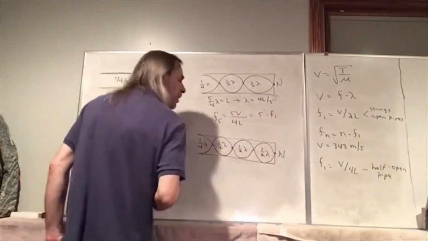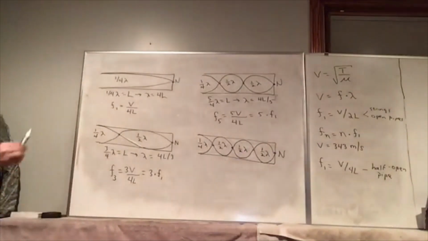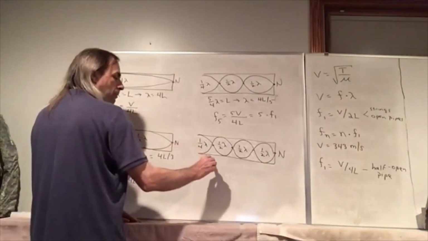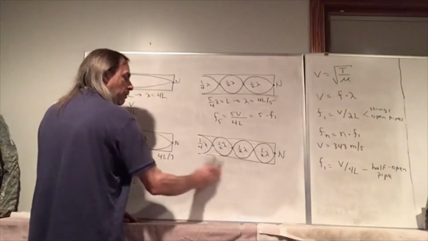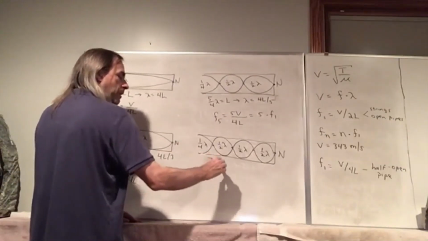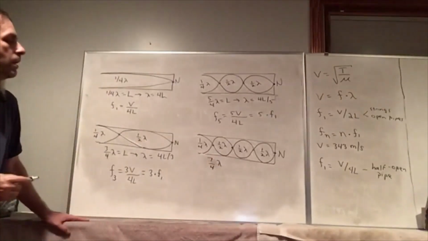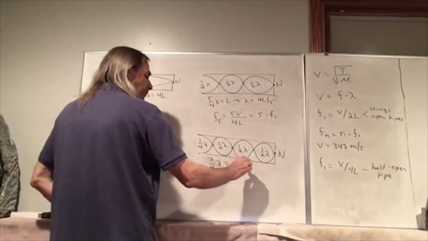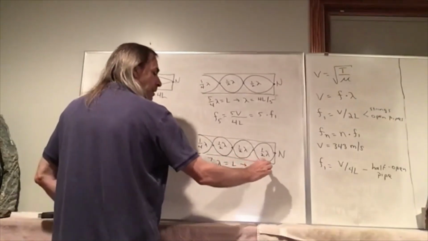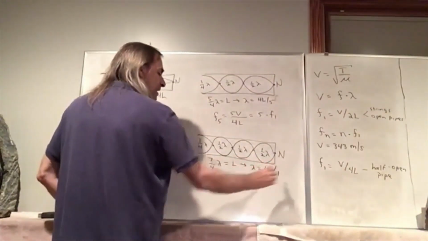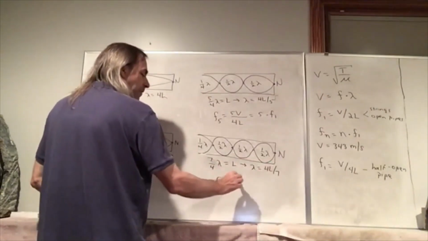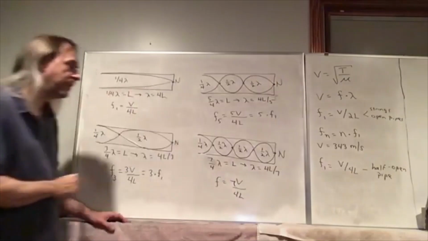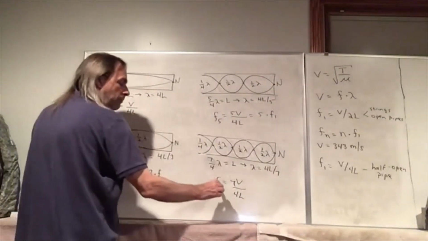If we add these up, we have 3 halves, or 6 over 4 plus 1 over 4, 7. I'm going to write it like this so it doesn't look like 7 over 4 lambda, or like 7 over 4 times lambda. That equals L. So lambda is 4L over 7, and then we have V over 4L over 7. So yeah, this is F7.